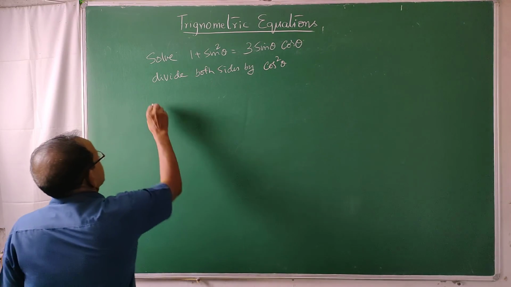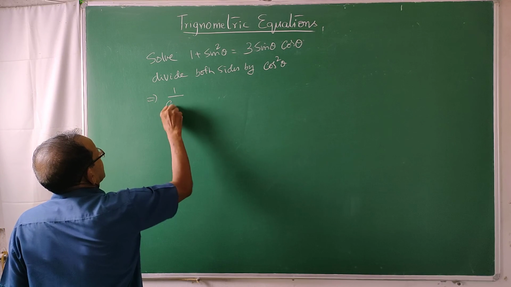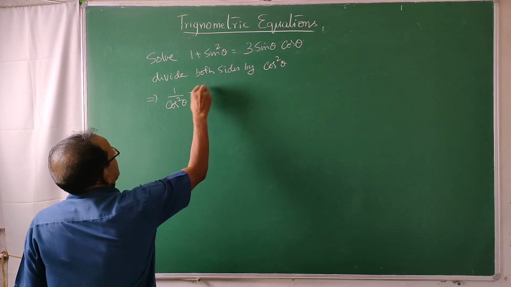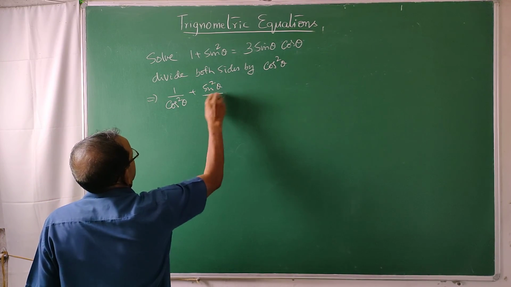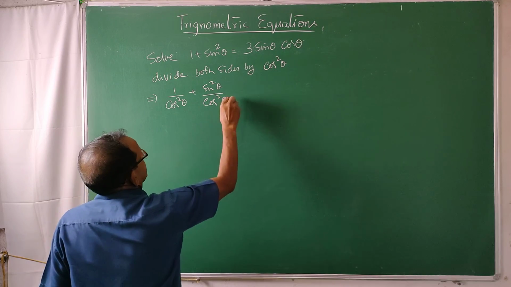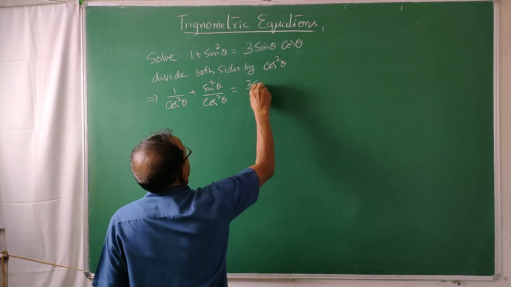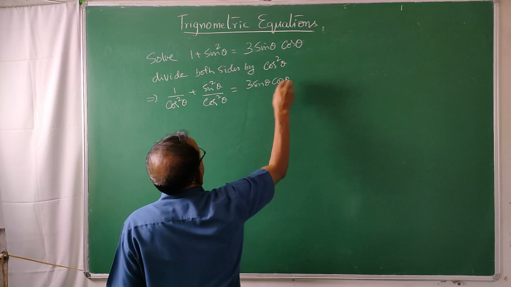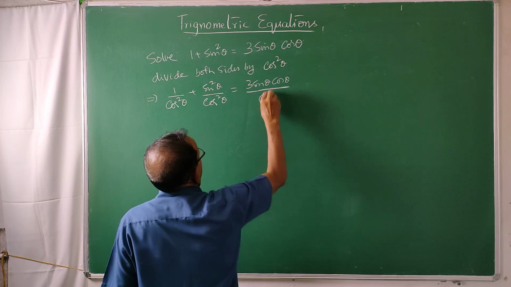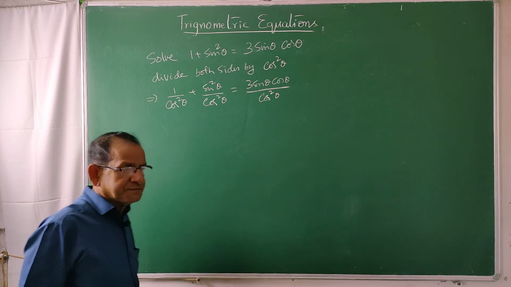Then that implies 1 by cos square theta plus sin square theta by cos square theta is equal to 3 sin theta cos theta by cos square theta.